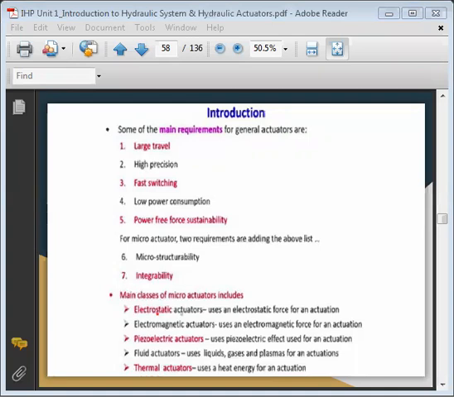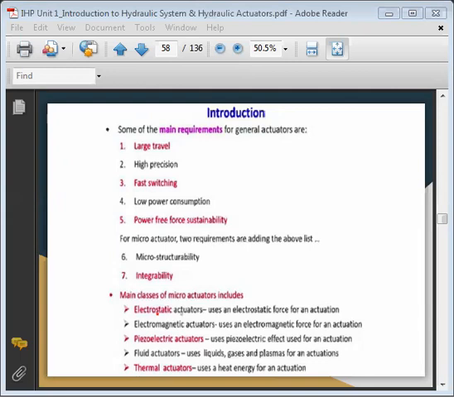We require large travel, high precision, then faster switching, either extension or retraction, or clockwise rotation or anti-clockwise rotation. That faster switching is very important. Then you should have low power consumption. These are some of the main requirements which are generally required for actuators.